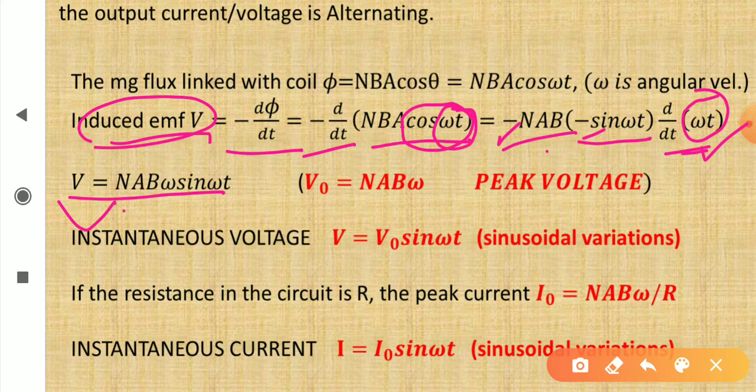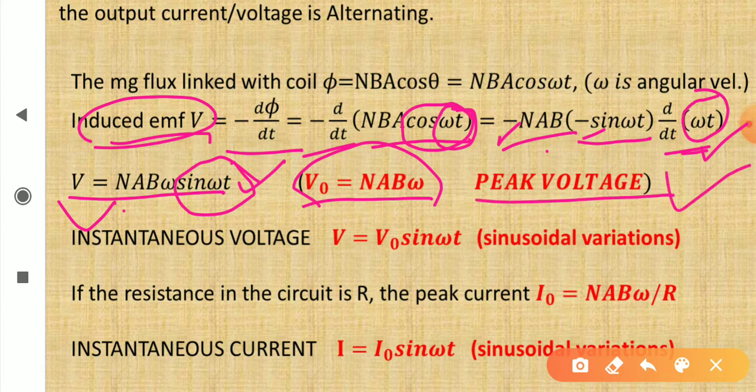Now the maximum possible value of this induced EMF will be given when this sine omega t is 1, and that maximum induced EMF is NAB omega. It is also called peak voltage. Then instantaneous voltage is given by this.